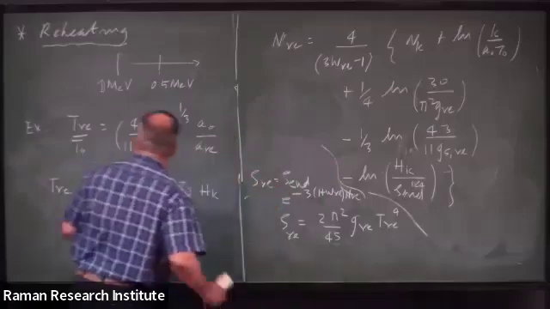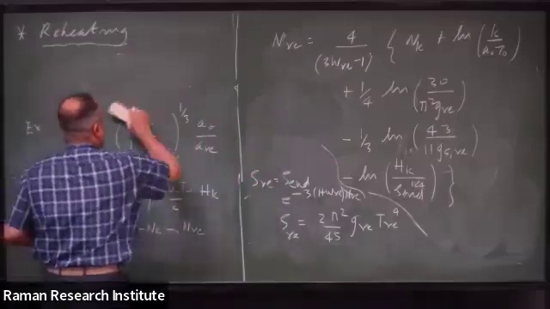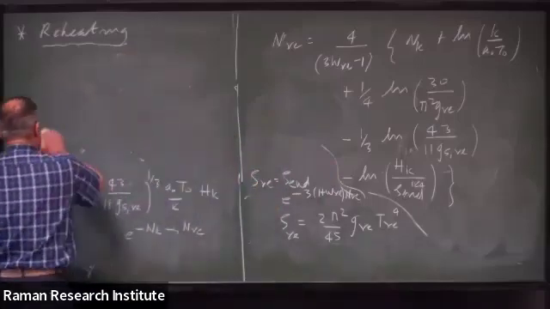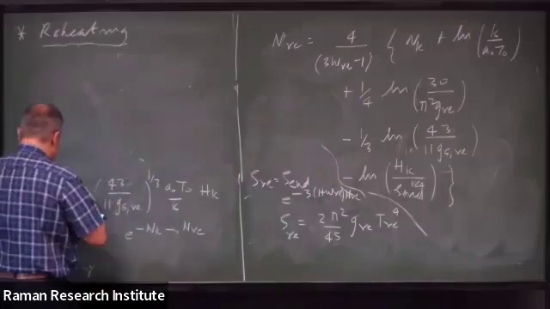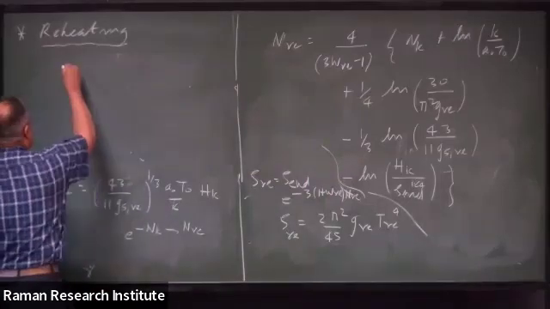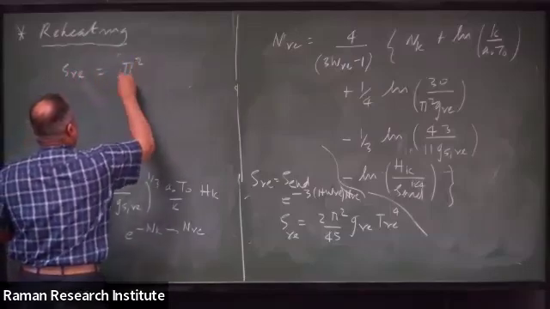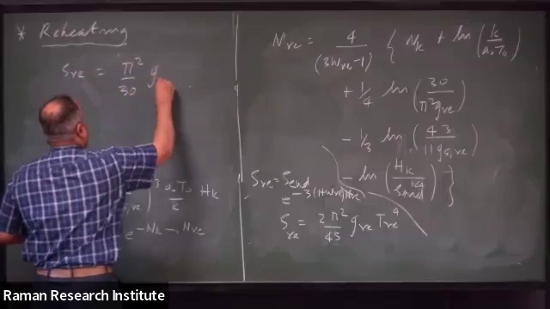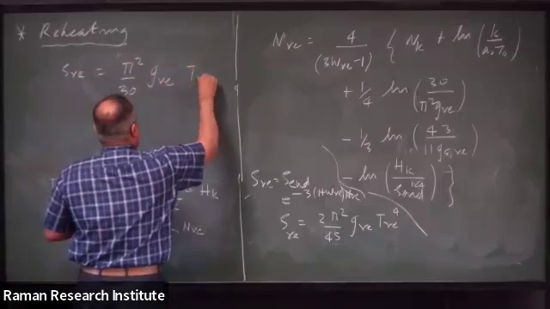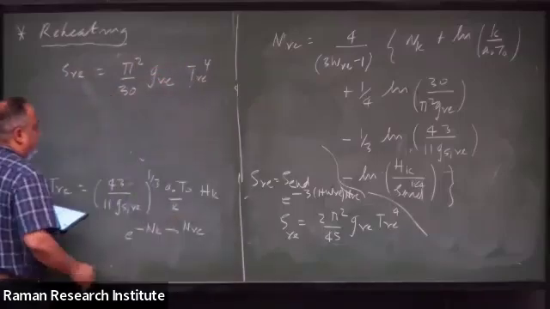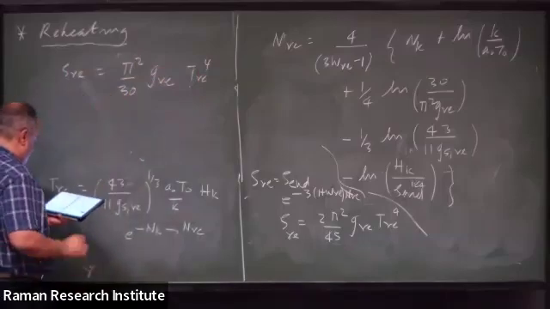One intermediate relation I would just like to mention, which can help you derive it, is the fact that at the reheating temperature, you have rho_RE equal to pi squared by 30 g_RE T_RE to the power 4. g_RE is the number of relativistic degrees of freedom.